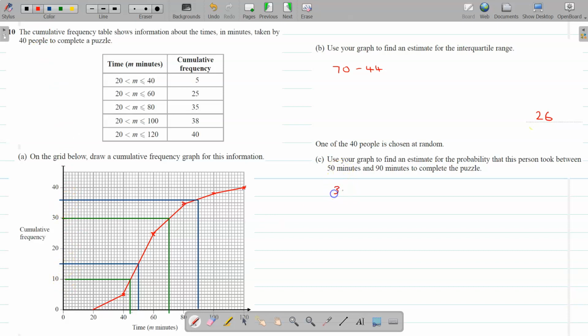So I'm just going to put that there, 36, take away 15, which is equal to 21. So that means there are 21 people between those two blue lines, and so the probability is 21 out of 40. And that's it. It's 21 out of 40. That's the answer to the estimate of the probability that this person took between 50 and 90 minutes. With probability you just leave it as a fraction. That's fine.